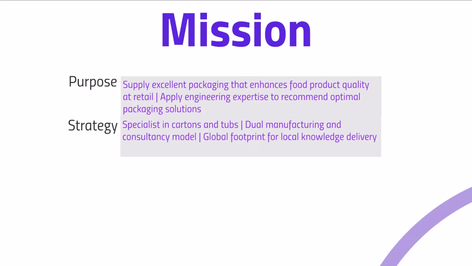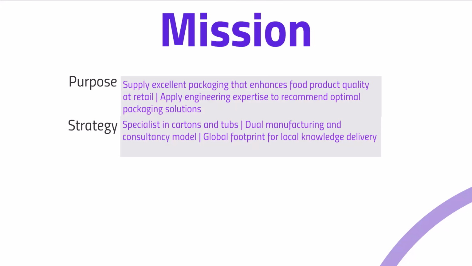And we've also got a global footprint that's built specifically to deliver local knowledge, not just a local presence. Perhaps the dual model is the most significant of these because it's the choice that separates Cartn from every comparable competitor, including Valbox. And it's the choice that the margin gap asks us to justify.